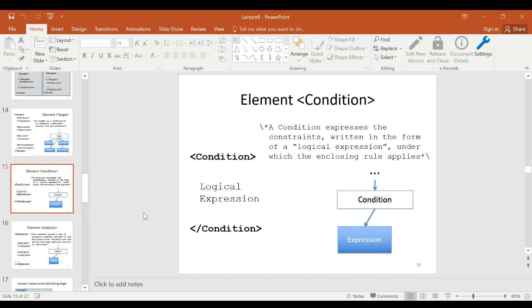On the other hand, a condition element is basically just a single logical condition. You write a logical expression, a logical formula, that must be satisfied if you want to trigger that rule. If you want to trigger that rule, this condition must evaluate to true.